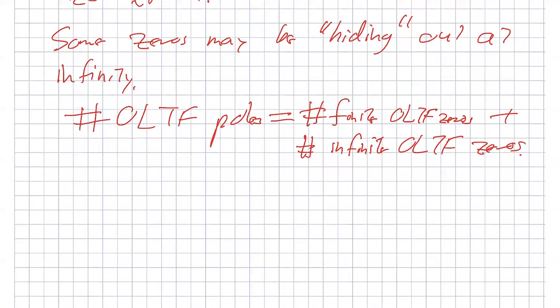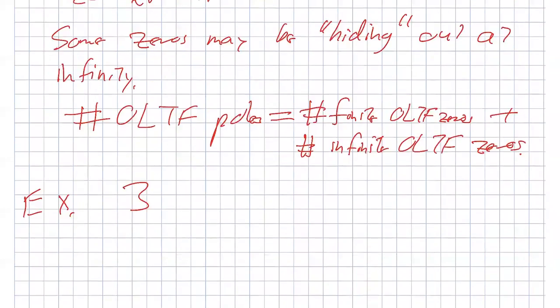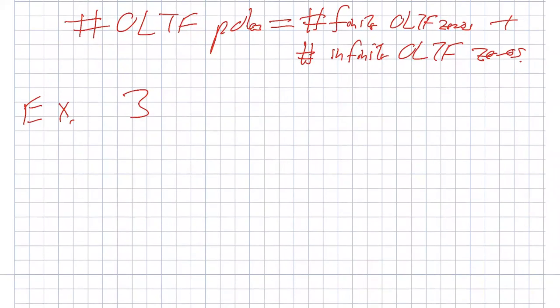So in our example, we have 3 open loop transfer function poles: 1, 2, 3. And 1 finite open loop transfer function zero.